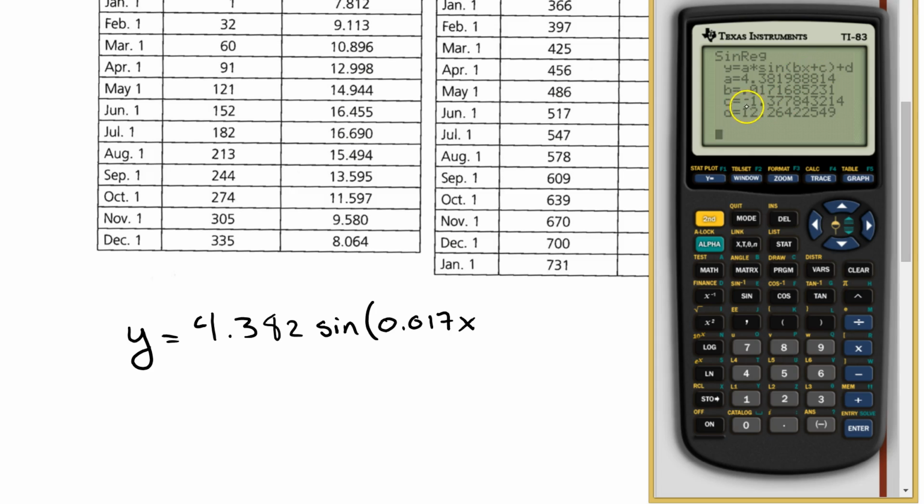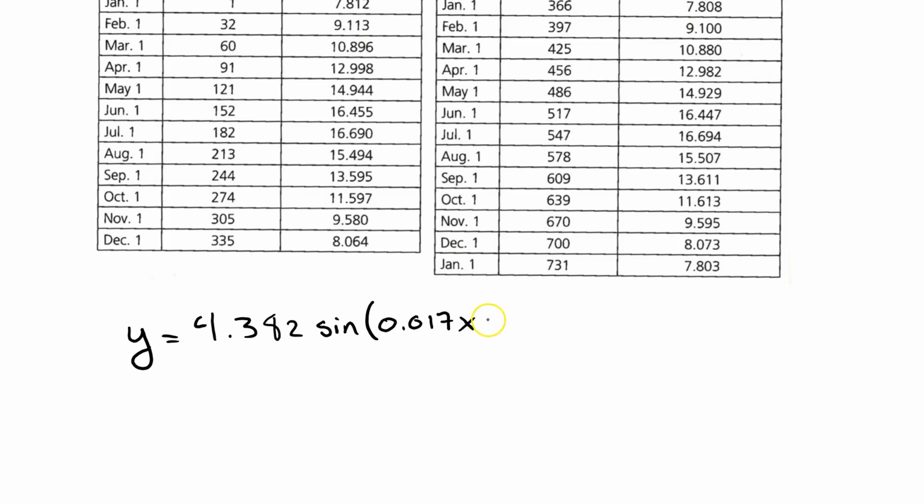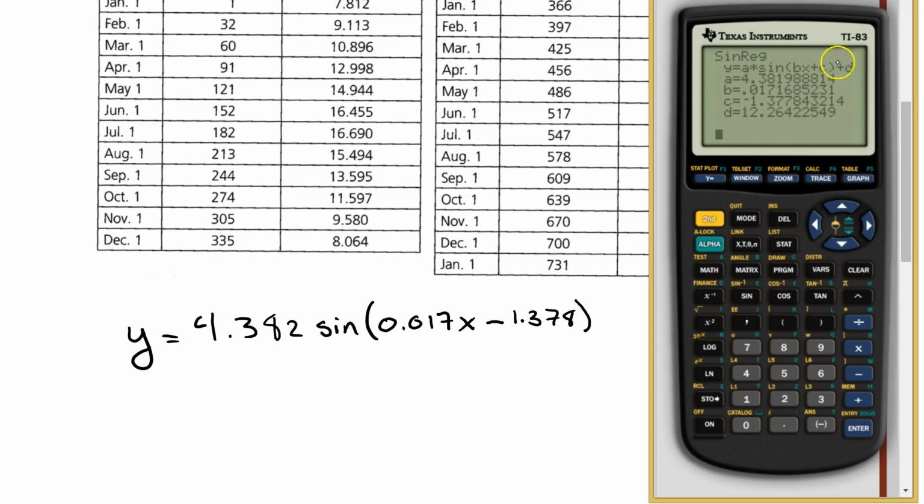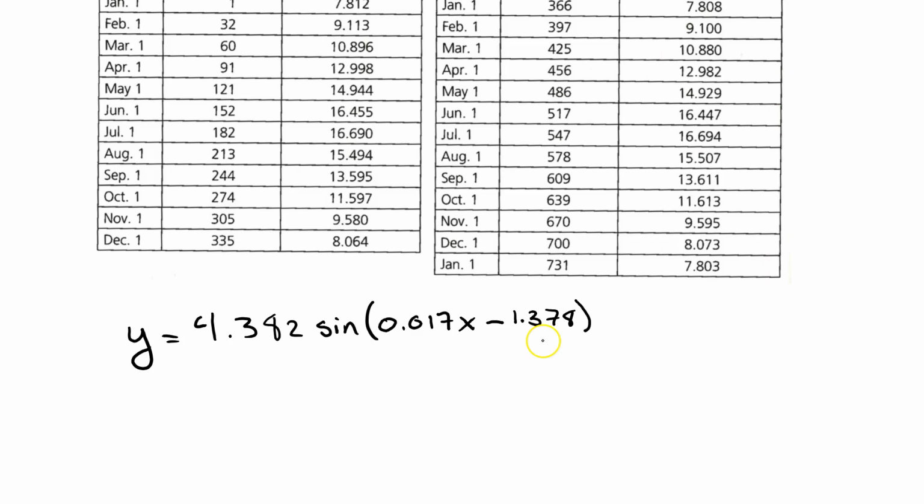plus c, which is negative 1.378, but I'm not going to say plus, I'm going to say minus 1.378, close bracket. And then we're saying plus D, but D is 12.264.